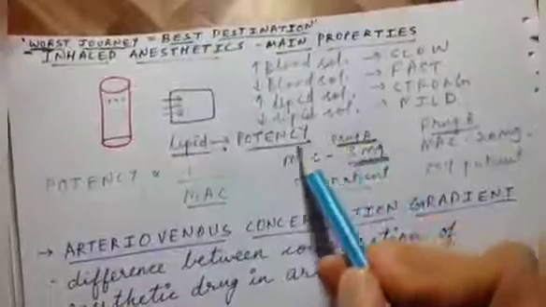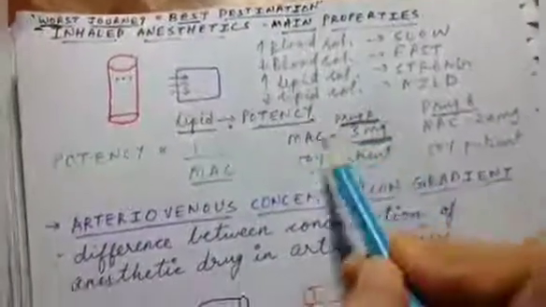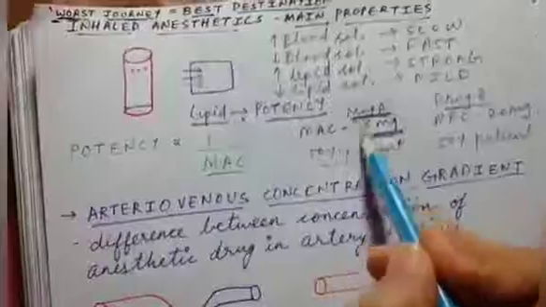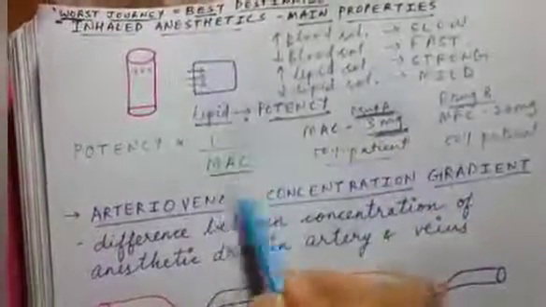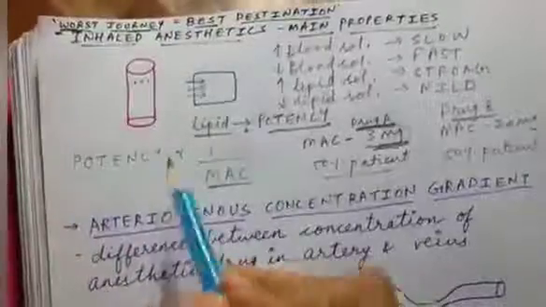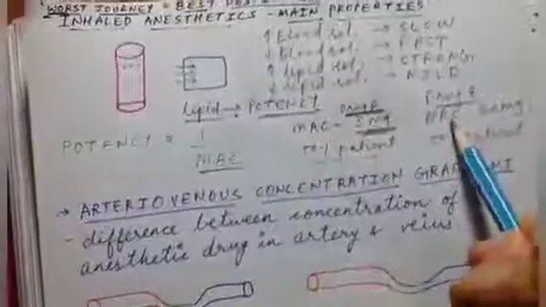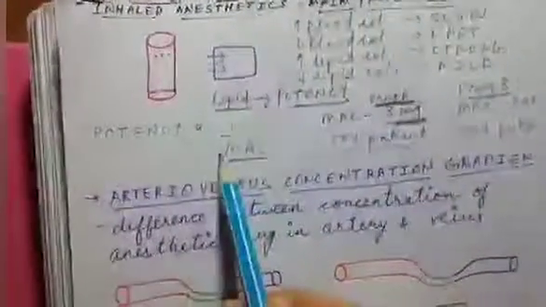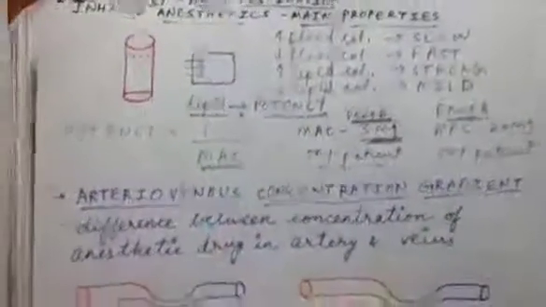That's why we say that if the drug has less MAC, minimal alveolar concentration, then the potency will be high, and if the drug has high MAC, then the potency will be low. That's why both are inversely proportional to each other.